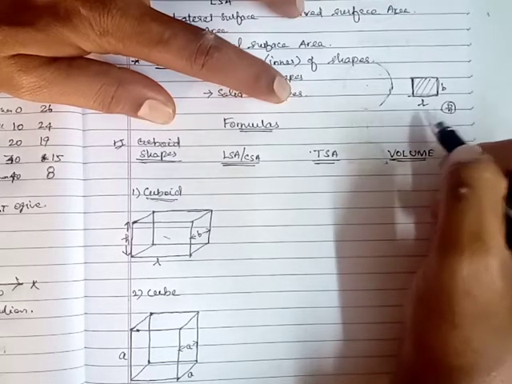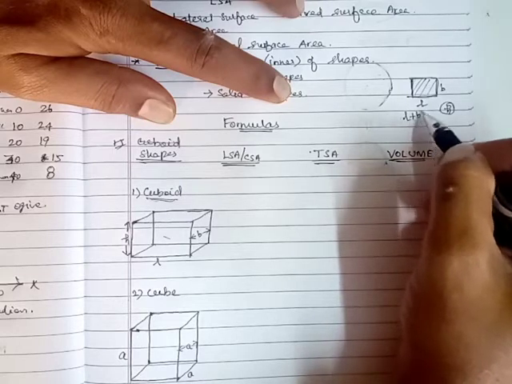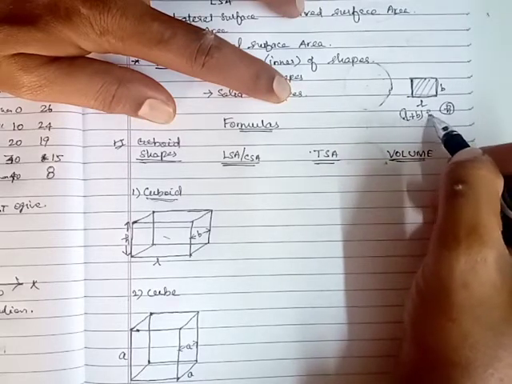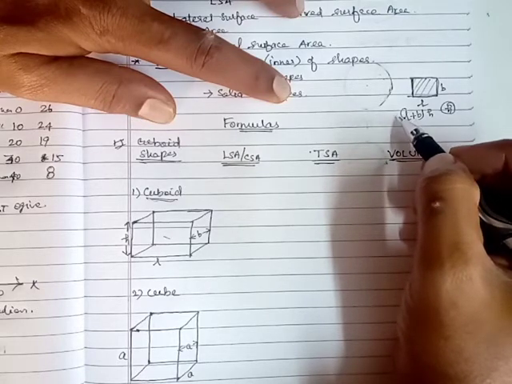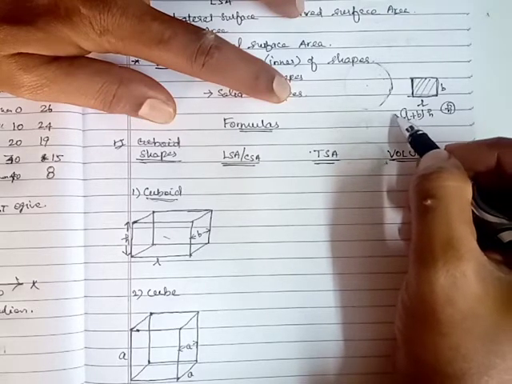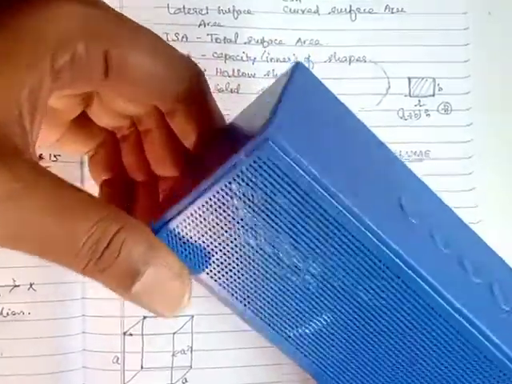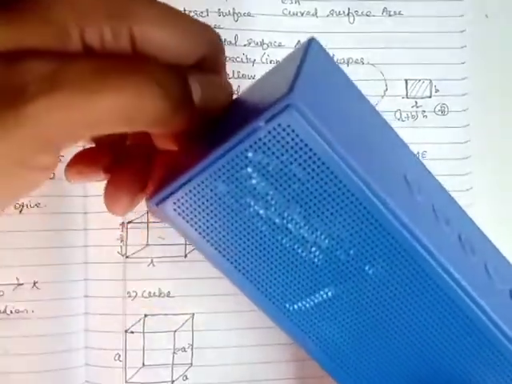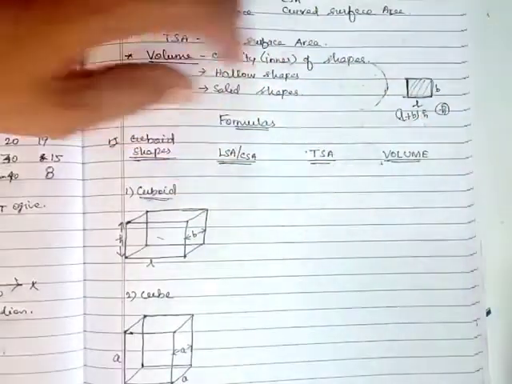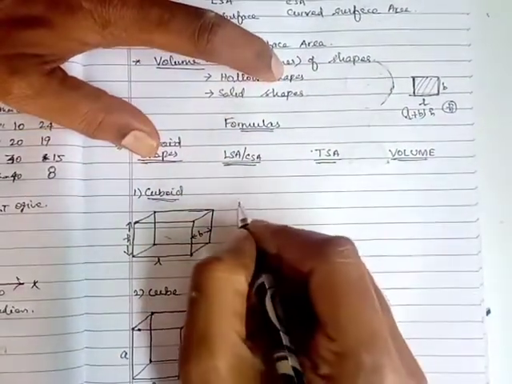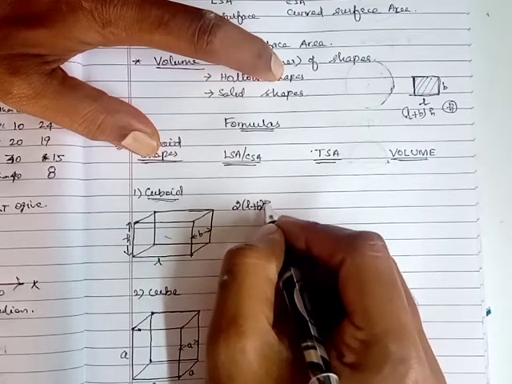So here you have to add length and breadth and multiply that by height to get the lateral surface area, right? Like this we have another side also. So you have to multiply this formula by 2. That is 2 into (length plus breadth) into height.